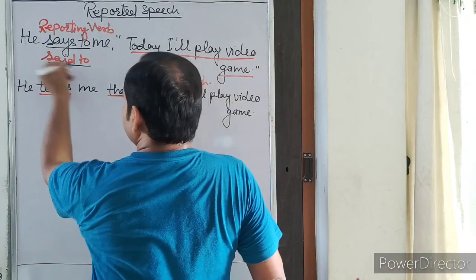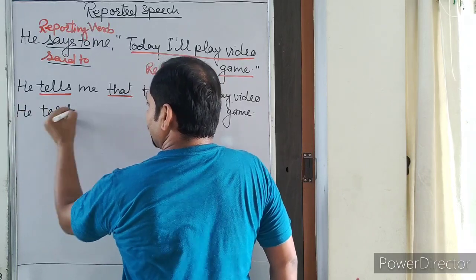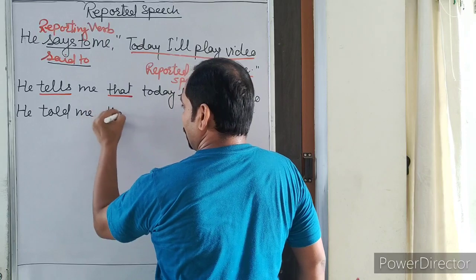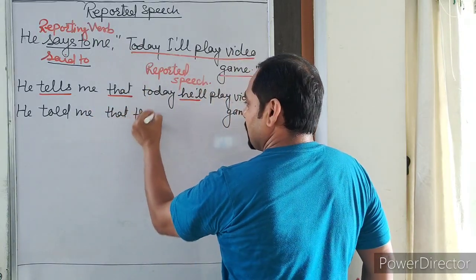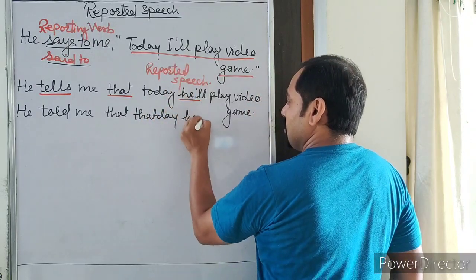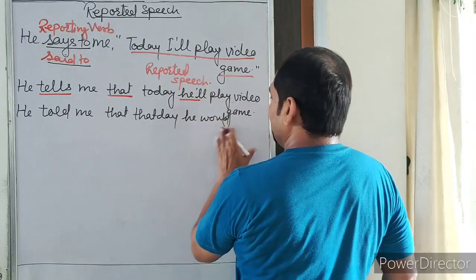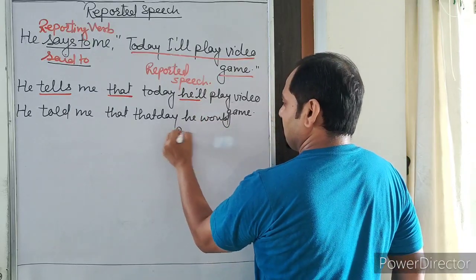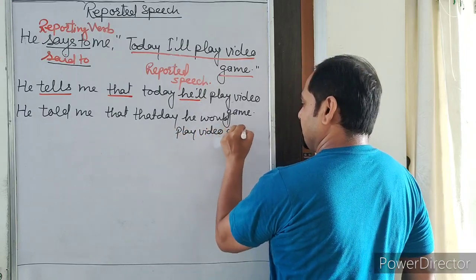All right, so said to becomes told. He told me that, we will use as a conjunction. Today will become that day. That day he would play video game.